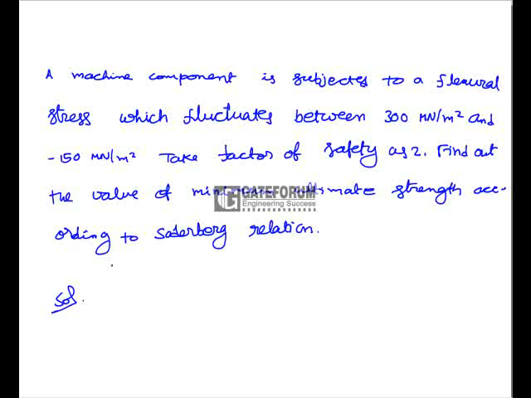Here the given member is subjected to flexural stresses, and in the Soderberg equation, it is given that 1 by factor of safety is equal to sigma m by sigma y plus sigma v by sigma e, where sigma m is the mean stress and sigma v is the variable stress, and sigma e and sigma y are endurance strength and yield strength of the material. And we know that sigma y is equal to 0.55 times sigma u, that is the ultimate strength.